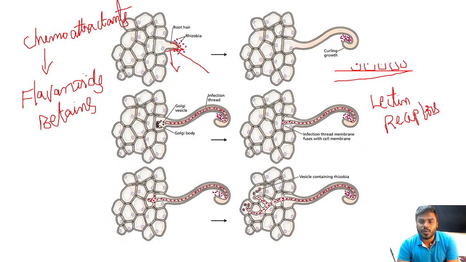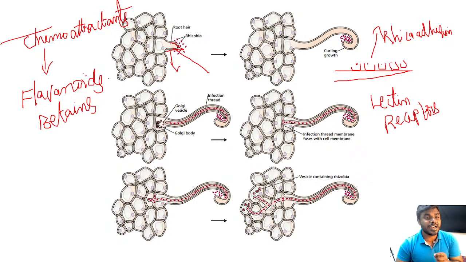So friends, every one of you listen to me carefully. The attachment of bacteria to the receptors of the root hair, we call this process Rica adhesion. For your understanding, I am repeating.